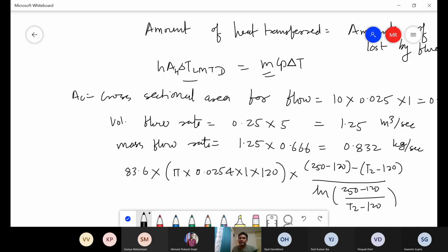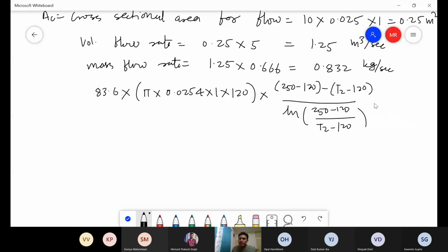So this is the log mean temperature difference, and this should be equal to m Cp dt, isn't it? So m we have already calculated, that is 0.832. The specific heat of the flue gas is given. The specific heat of the flue gas at 250 degrees Celsius is 1035, and delta T in this case is going to be what? 250 minus T2, isn't it?